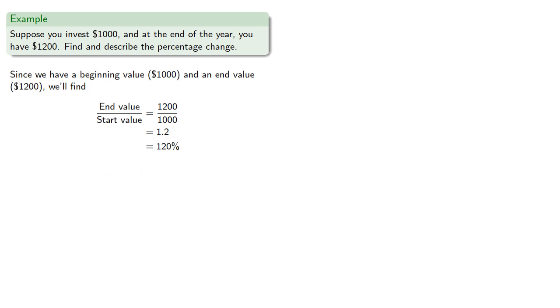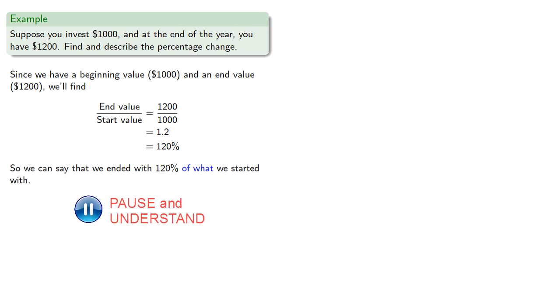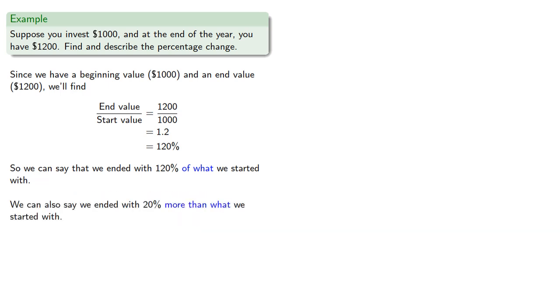So we can say that we ended with 120% of what we started with. Or we can also say that we ended with 20% more than what we started with.